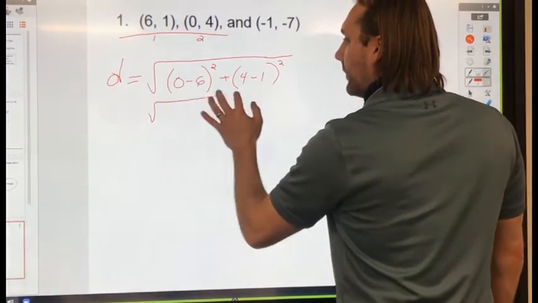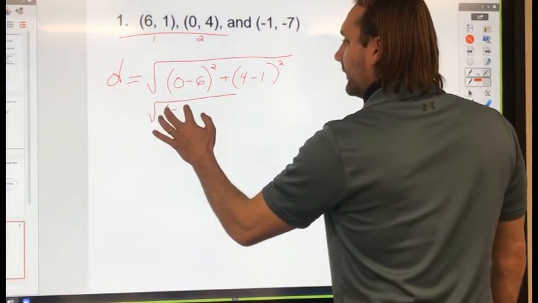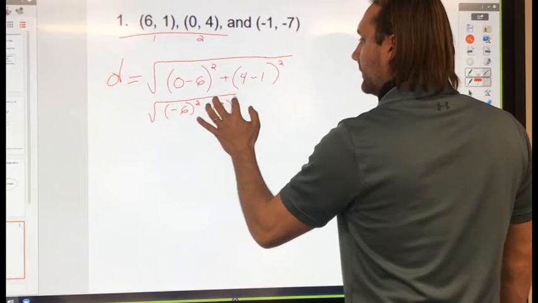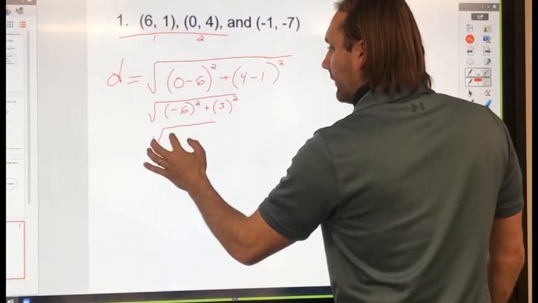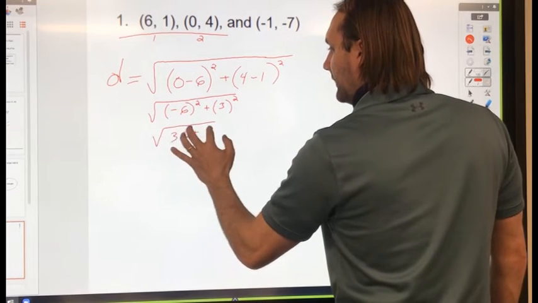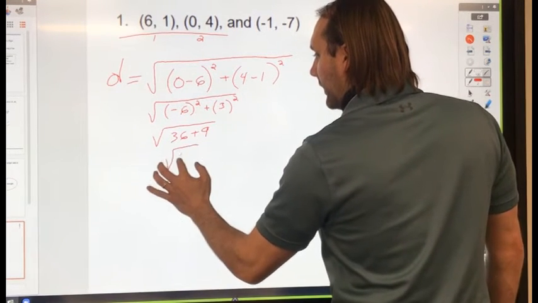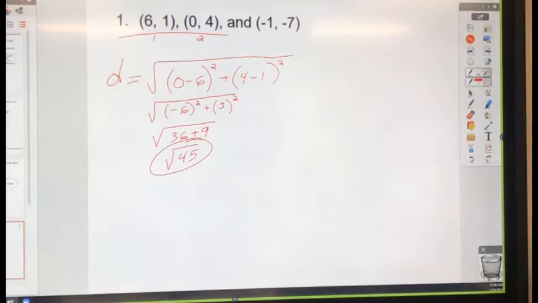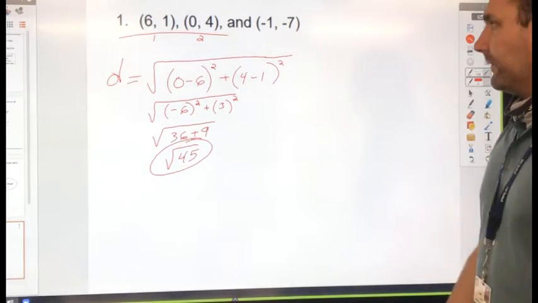So that's the square root of -6 squared plus 3 squared, which is the square root of 36 plus 9, which gives me the square root of 45. So I have one distance of square root of 45. Go ahead and just keep it like that. No point in simplifying.